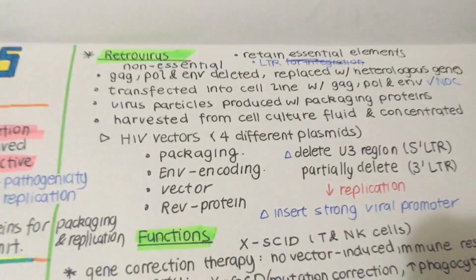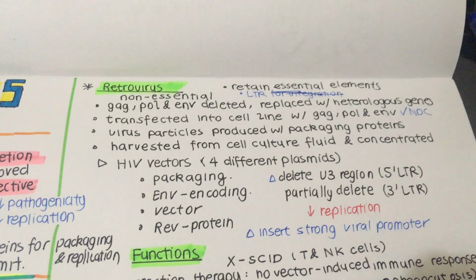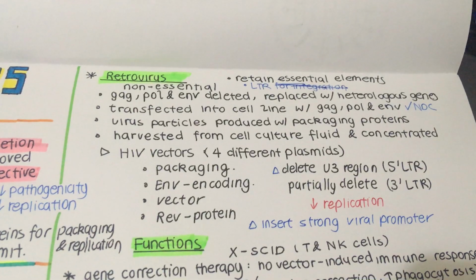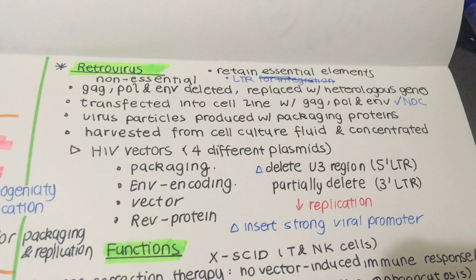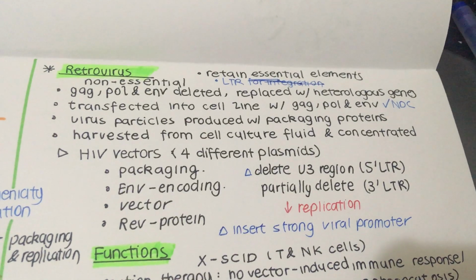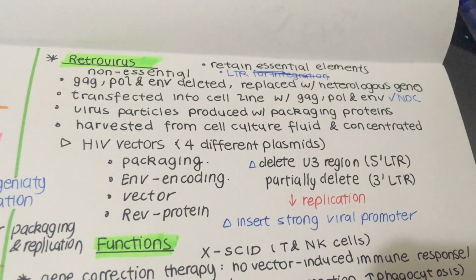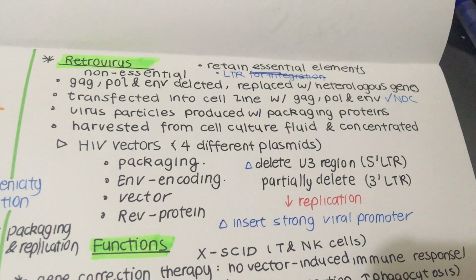And it has 4 different plasmids, and expressing the packaging proteins in separate plasmids also helps to prevent the regeneration of replication competent retrovirus and endogenous retroviruses.